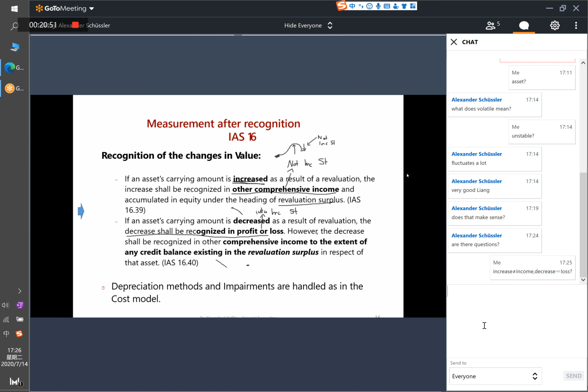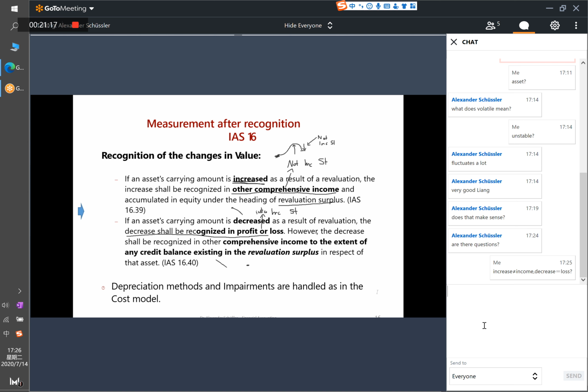And prices can fluctuate of buildings or of real estate values. And therefore, they shouldn't put at least the increase in their income statement, because it can go up and it can go down. And you should be conservative.